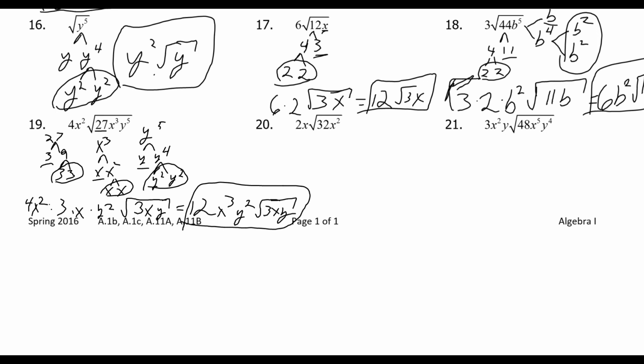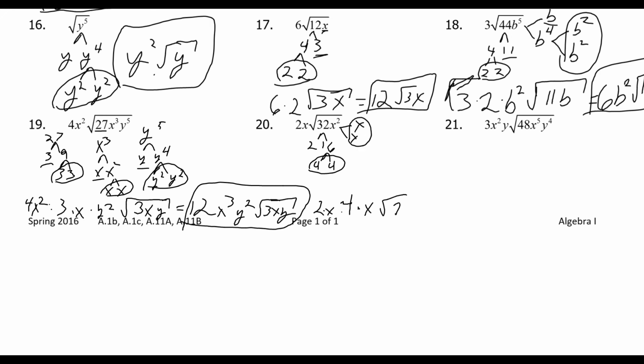Alright. Now, number 20. We know that there's going to be a 2x in there. So let's break apart the 32. That's going to be 2 and 16, and 4. So I pull out the 4. And then the x squared breaks apart into x and x, times x. So there's that.